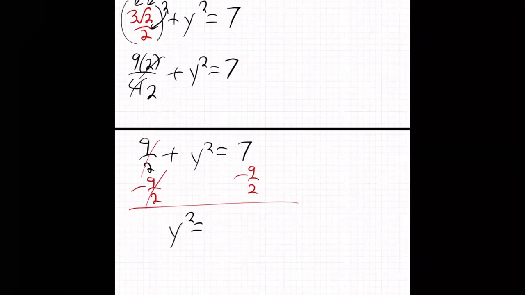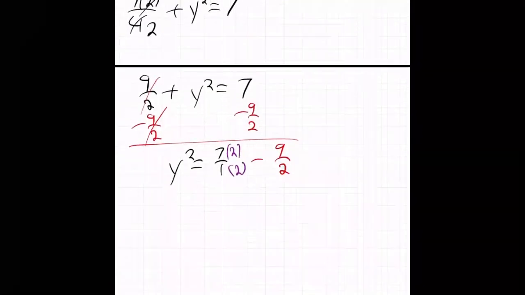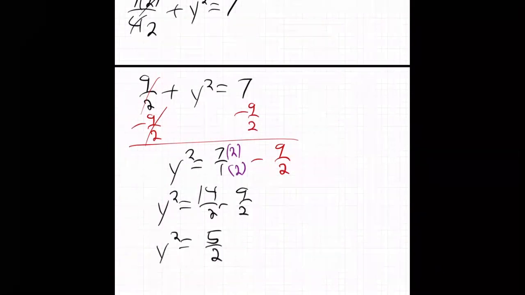Y squared equals 7. 7 is 7 over 1 minus 9 halves. Multiply top and bottom by 2. This problem seems to just go forever. All right, 14 over 2 minus 9 over 2. So y squared is 5 over 2.